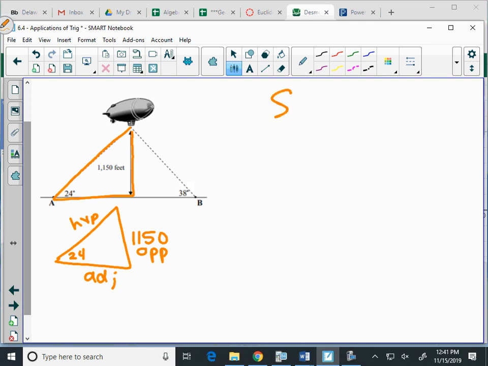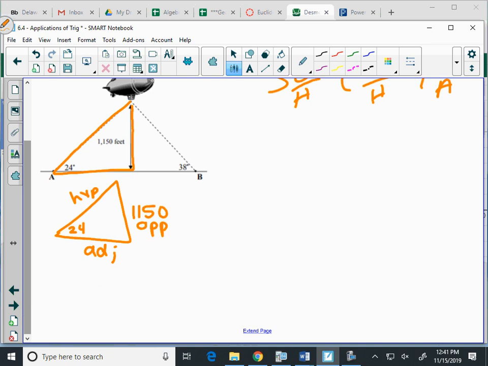Look at SOH CAH TOA. Which one are we going to use? Which two sides have info? Tangent. Told you. Use it a lot. Use tangent a ton for these application problems. So we're going to say tangent of our angle equals opposite over the adjacent. That's what we're trying to find. Again, x is down low, so what are we going to do?